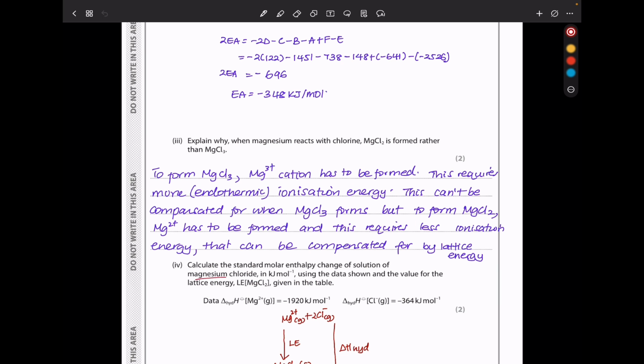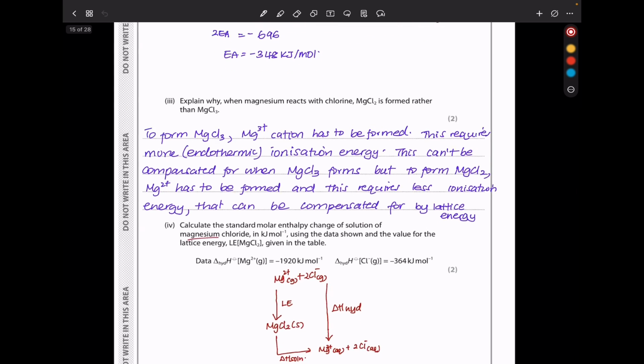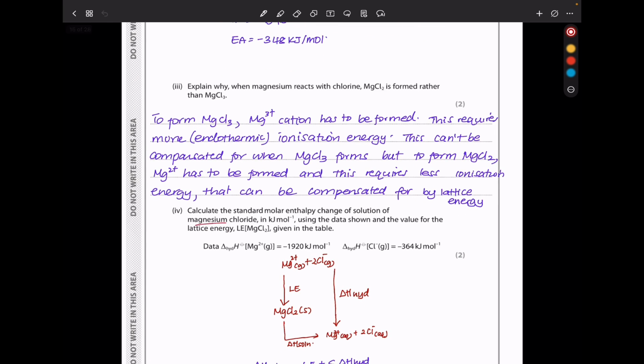Explain why when magnesium reacts with chlorine, MgCl2 is formed rather than MgCl3. To form MgCl3, we will have to carry out more ionization of magnesium, and that requires more endothermic energy that may not be compensated for when magnesium chloride forms. However, to form MgCl2, we just ionize magnesium twice, and the energy is compensated for when magnesium chloride forms, so that reaction is going to be achieved.